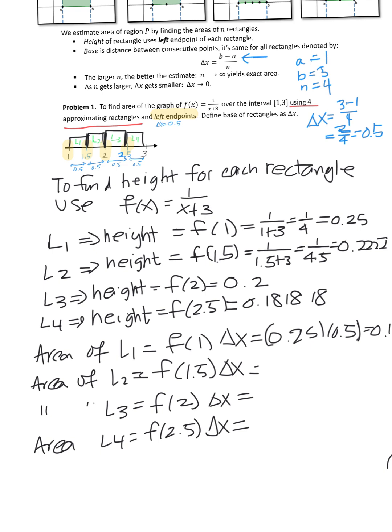So for each of these areas, the numerical values we get are 0.125 for the first rectangle. For the second rectangle, we get 0.1111. For the third rectangle, 0.1. And for the last rectangle, we get 0.0909091.